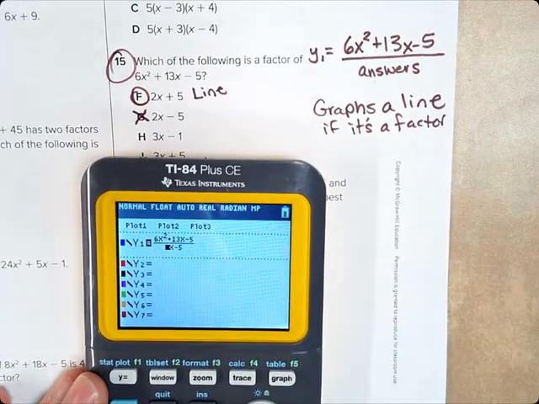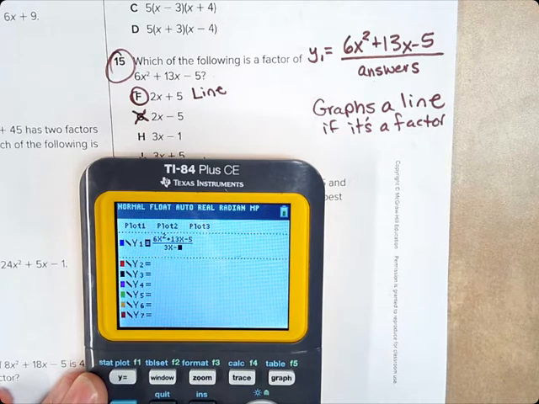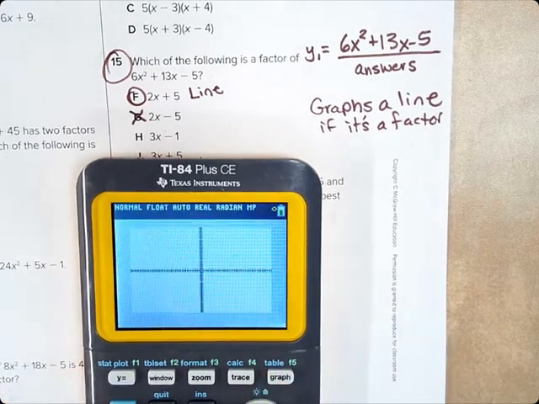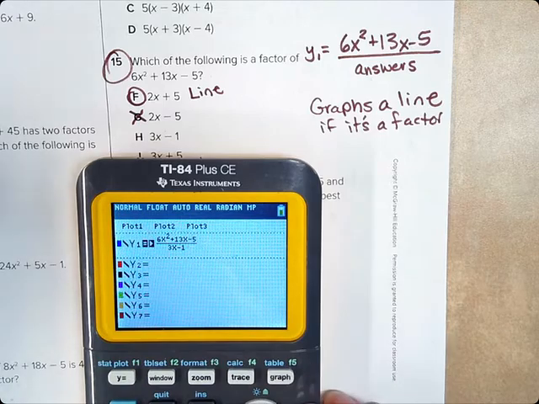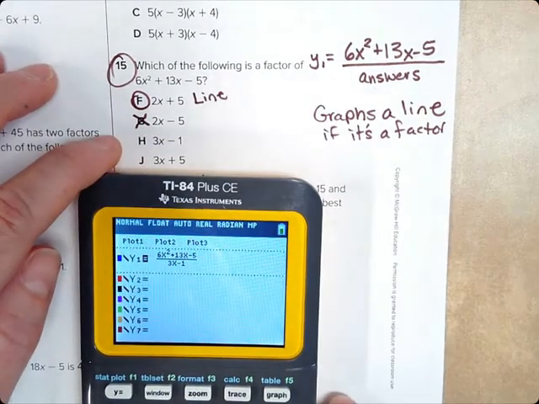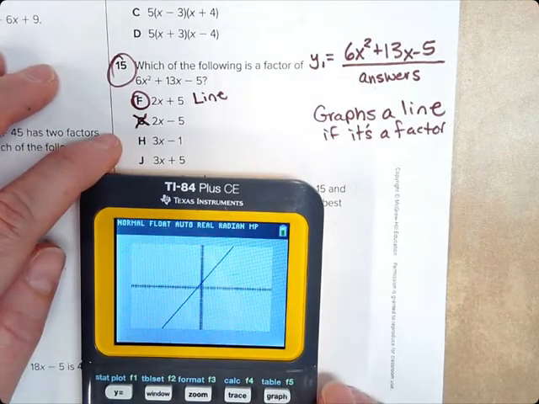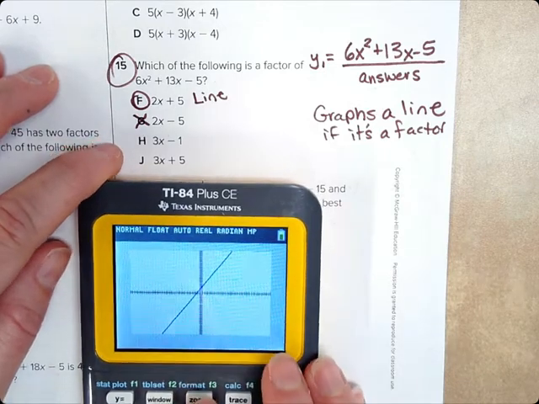Let's do the next one, 3x minus 1. Does that look like a line? Did I do something wrong?